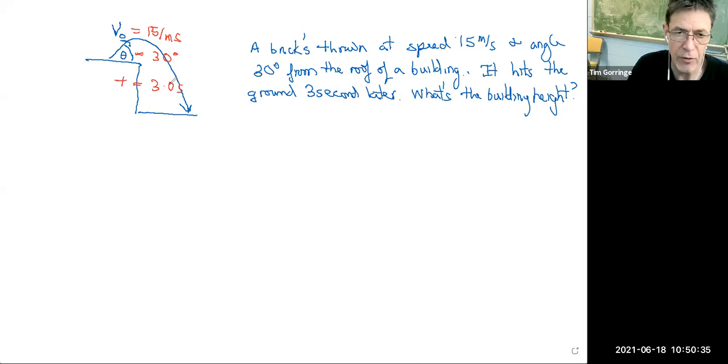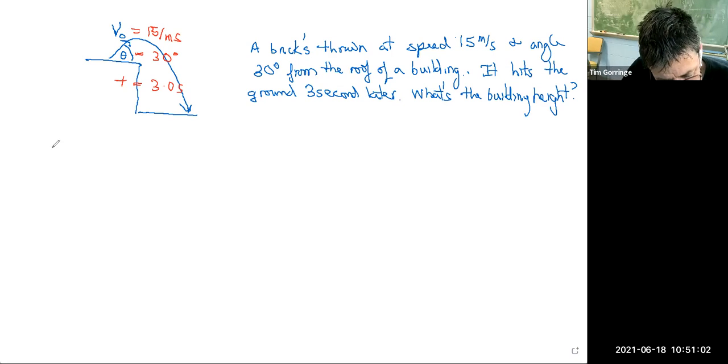So that's the information that's given to us in the problem. Now, when we solve projectile motion problems, we almost always resolve the projectile motion into either horizontal or vertical, or both the horizontal and vertical components, and solve the problem that way. And this problem is solved like that.